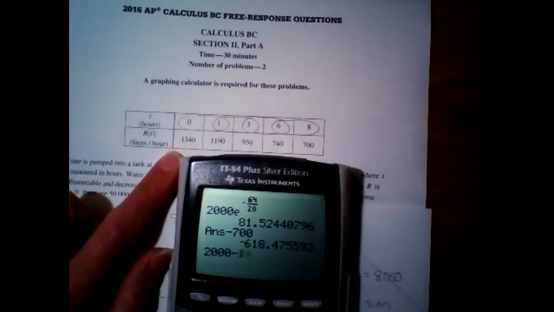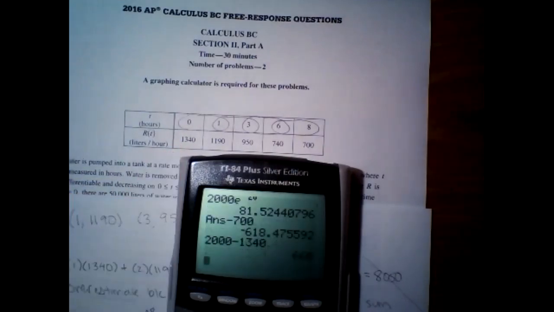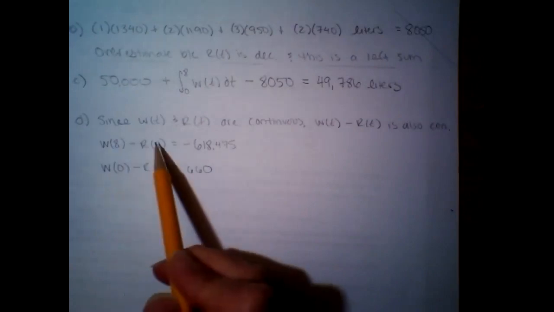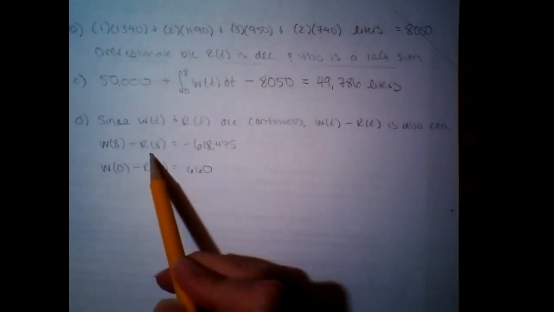So minus 1,340, and we get 660 for that. I know that was a good bit of button pushing, and I had to slide things around because I don't have much space to show you everything here, but we got the rate in from the function. We just plugged in 8 and 0, and the R function was in the table. We just subtracted the value that we found on the table.